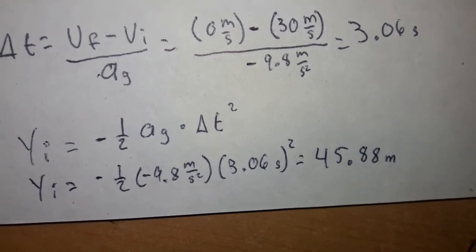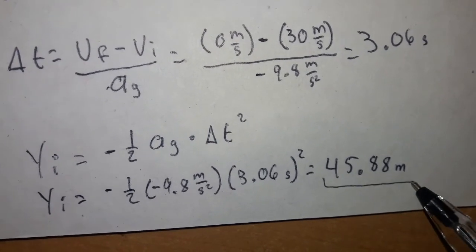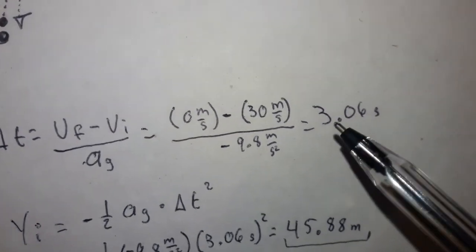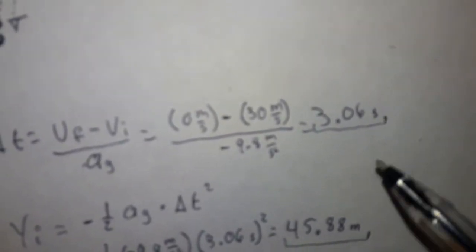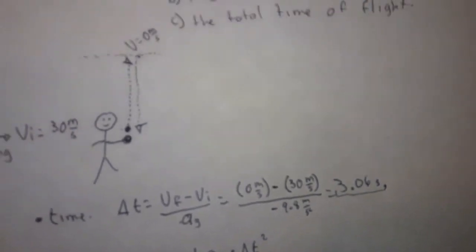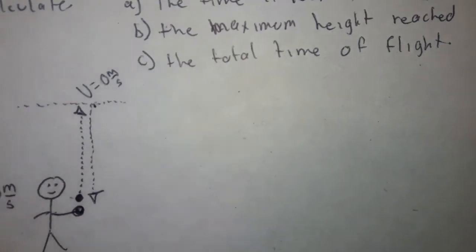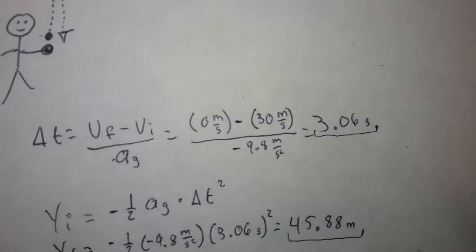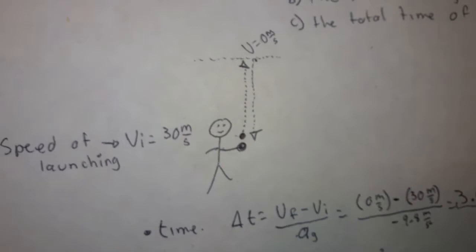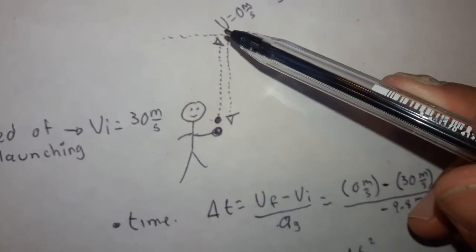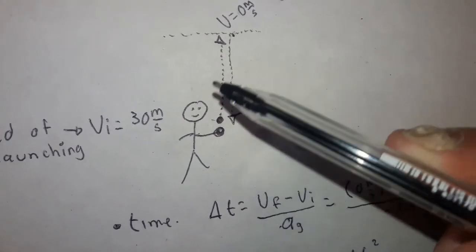All right, so you already calculated the height and the time it took to reach the maximum height. Now the last question, the total time of the flight. Remember that this time is only half, because the motion goes upward and downward, and it is the same time in both cases.